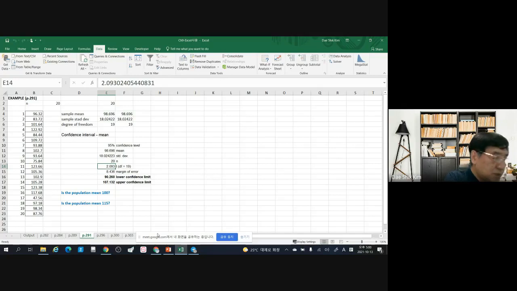Student t distribution is the second page from the back, or you can use Table B5 on page 748.